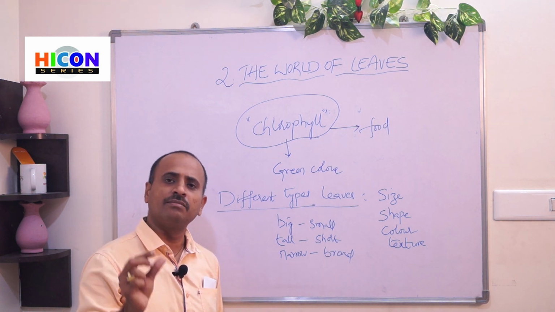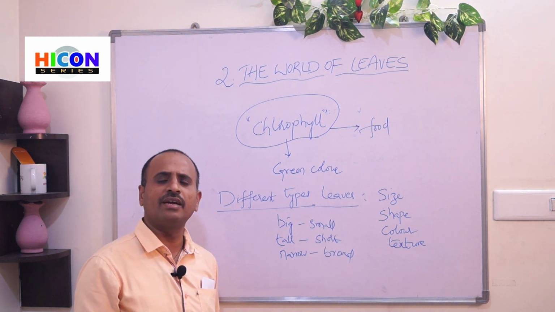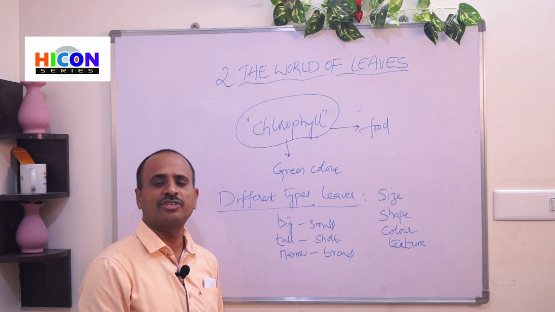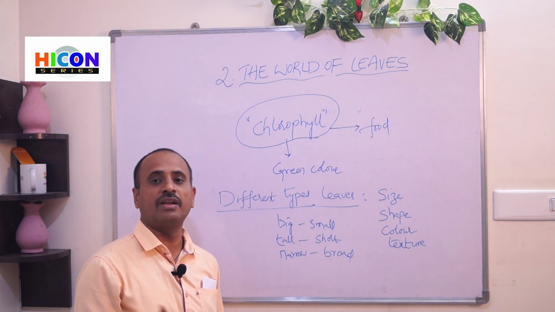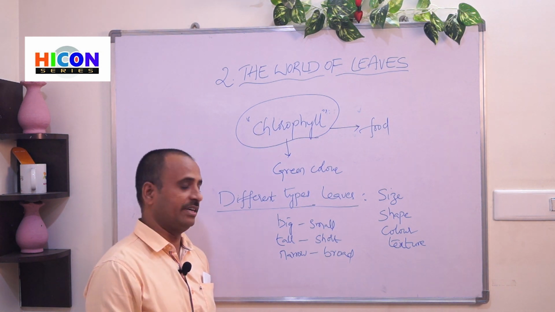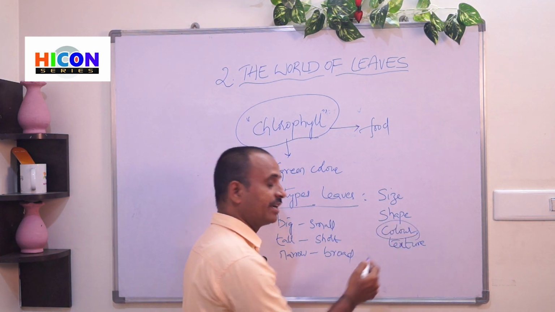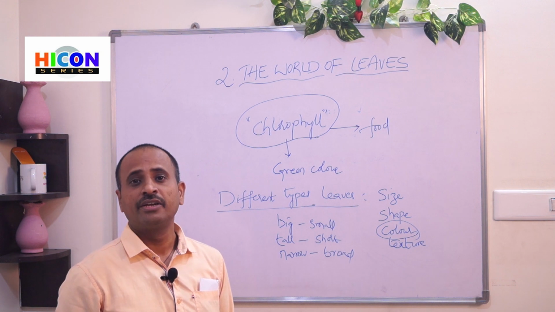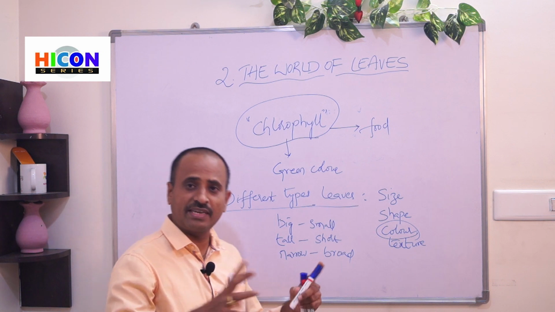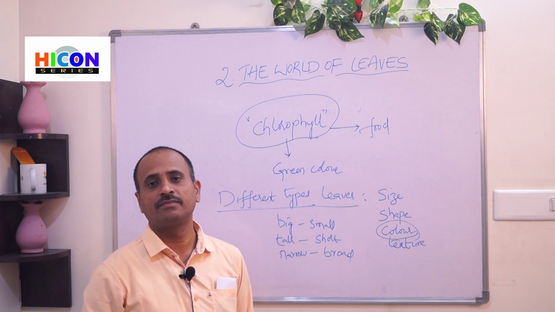So in this way, some leaves are thin, some leaves are thick, some leaves are big and some are small, some are long and some are short, some are broad and some are narrow. Some leaves are green, some are red, some are yellow, and some are white, etc. So in this way, different plants have different types of leaves, with different sizes and colors.